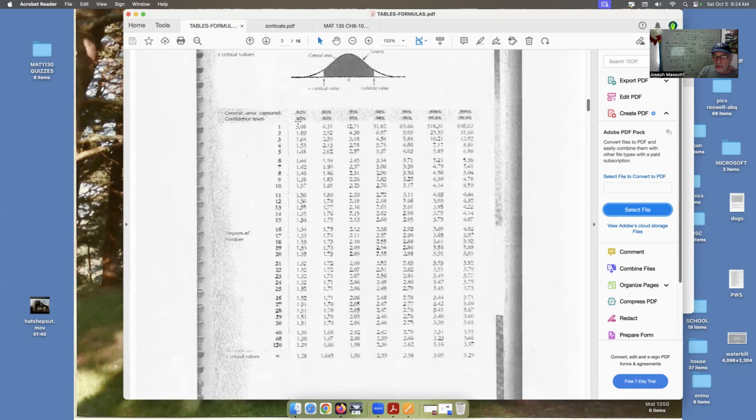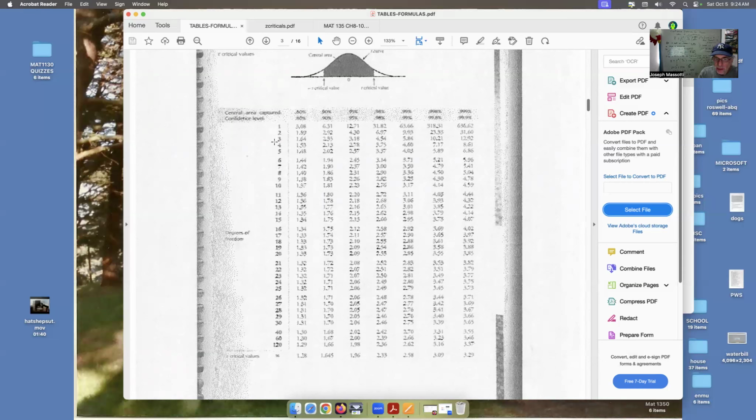All right, so notice along the top we have different levels of confidence. 80%, 90%, 95, 98, 99, 99.8, 99.9. We are interested in this question for a 95% confidence interval, but whatever it is, you go to that column, whatever confidence level you're looking at, and the number for the degree of freedom is going to be one less than the sample size. All right?